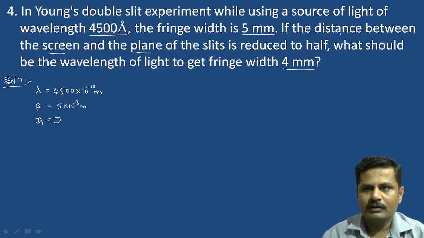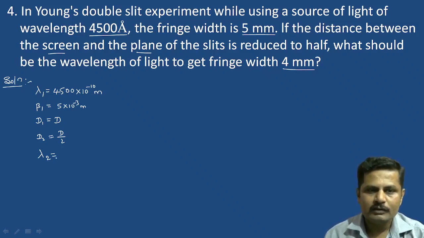And when it is reduced to half, that is d2 equals d by 2, what should be the wavelength of the light to get the fringe width? Let me consider this one as the second wavelength and the first one is beta 1. What should be the wavelength of light to get the fringe width of 4 millimeter? That is beta 2 equals 4 millimeter.